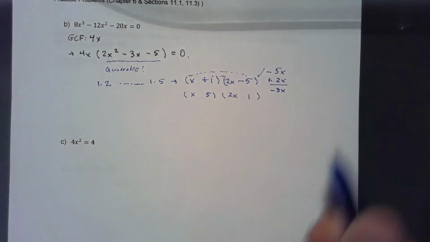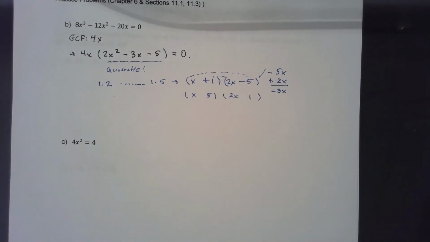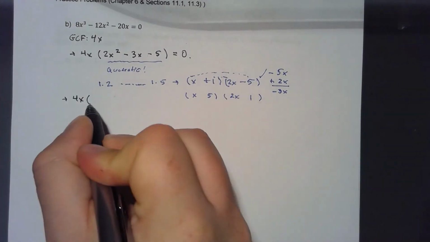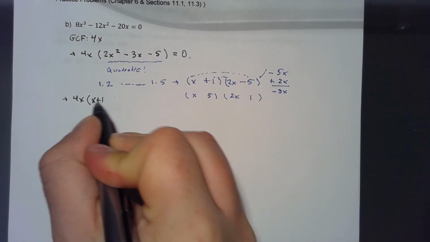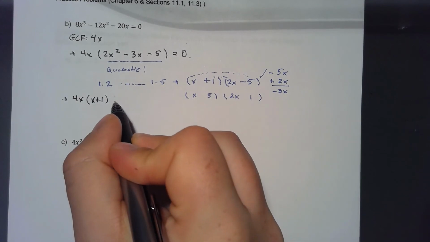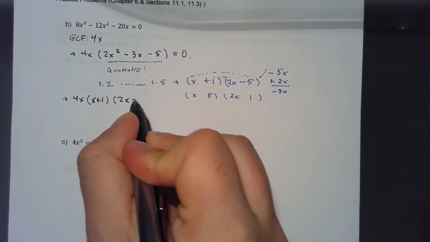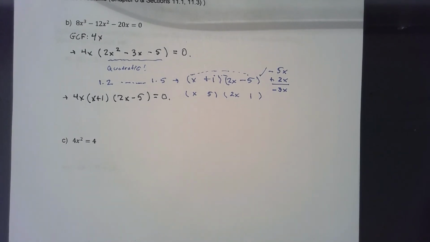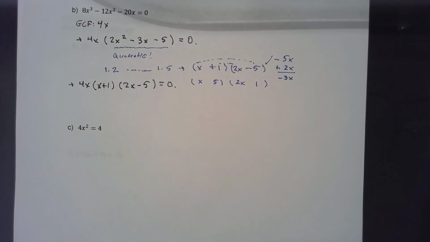That does work. So my factors are 4x times x plus 1 times 2x minus 5 equals 0. So those are all my factors. I could set each factor equal to 0.